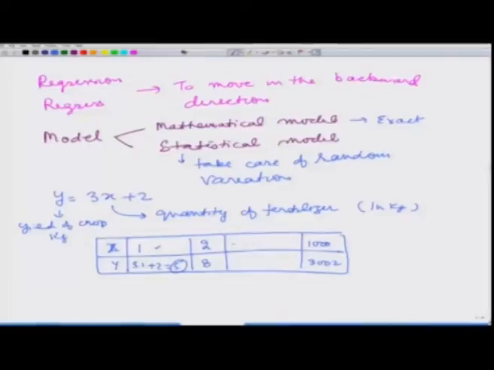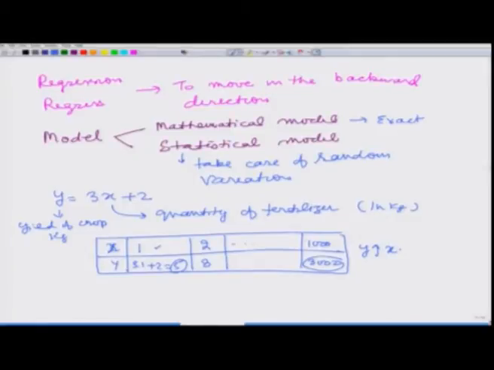Similarly, if I use 2 kg of fertilizer, I would get exactly 8 kg of yield. And if I keep increasing the quantity of fertilizer, say 1000 kg, then I will get exactly 3002 kilograms of yield. From the mathematical point of view, I can say that y is an increasing function of x. But is that really correct?